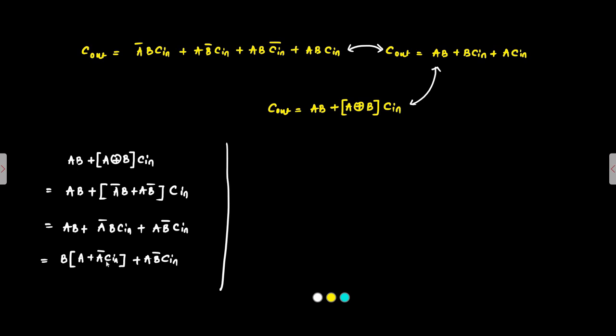Now if you remember the Boolean algebra law, something like x or x bar y is equal to x or y. So this is applicable here. So here it will be equal to B into A or C, since A or A bar C becomes A or C, or A B bar C.